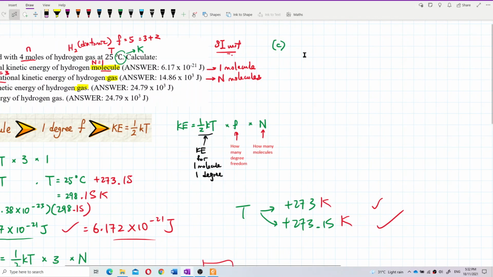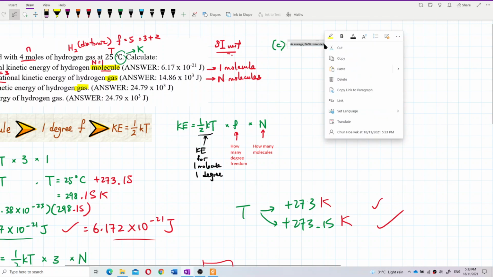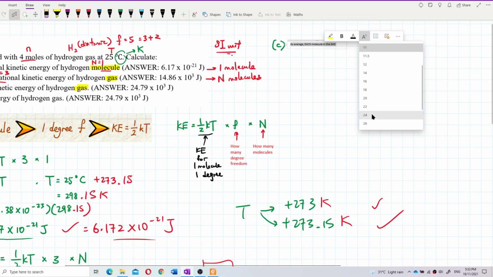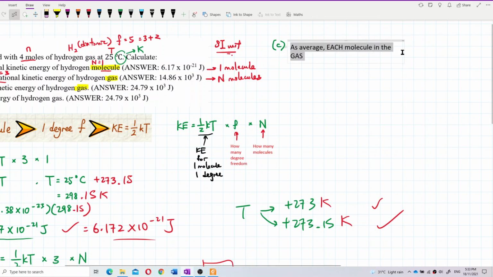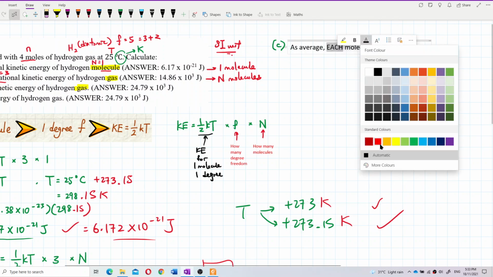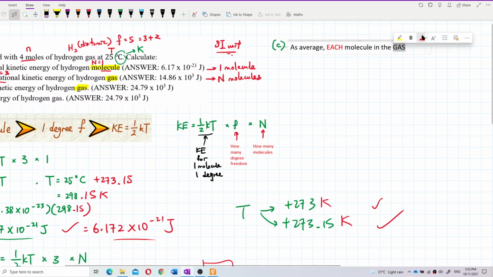Maybe I should write it like this: as average, each molecule in the gas. Make the wording bigger.